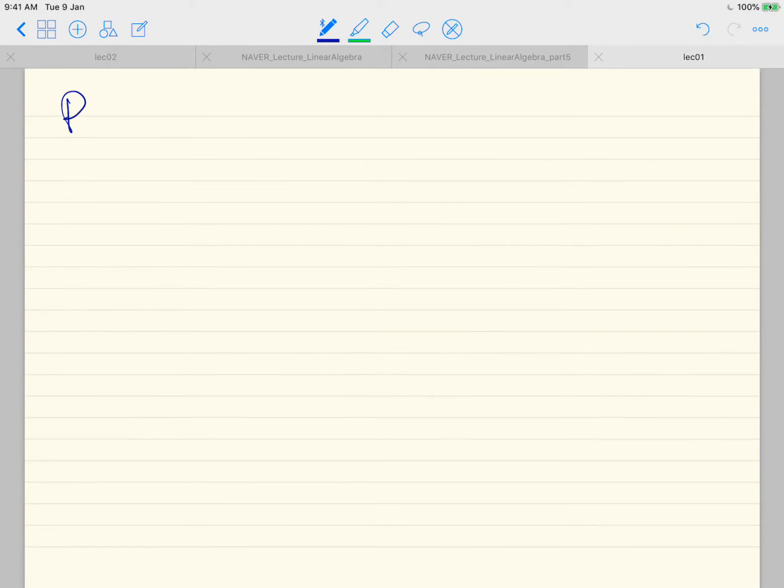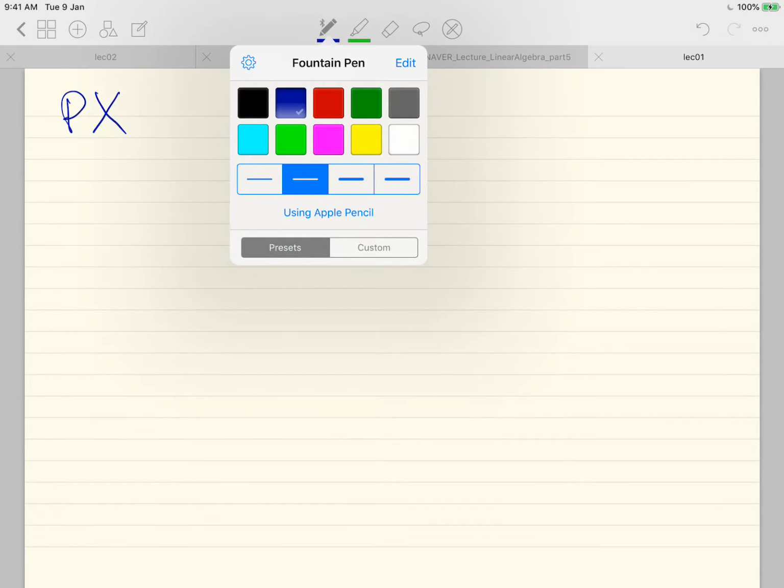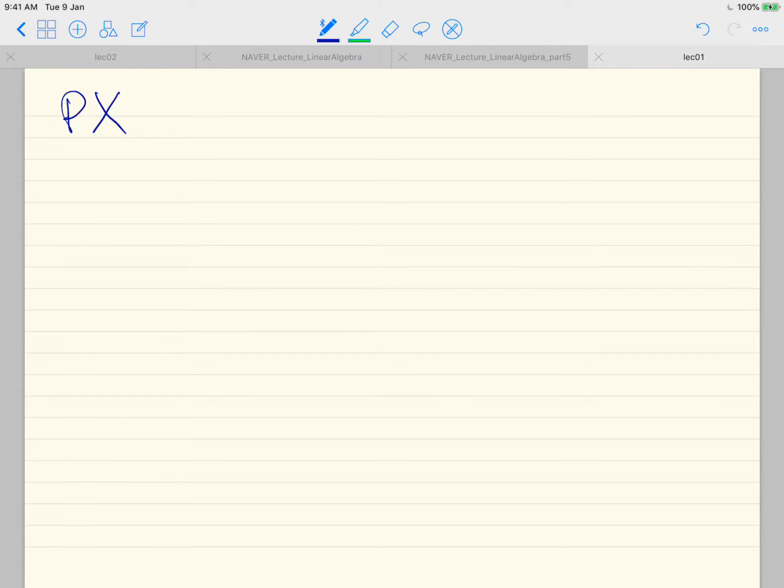The permutation matrix is defined as P times X, where X is our input matrix, a general rectangular matrix, and P is our square matrix. In the case of permutation, we think of the process of shuffling or reordering our rows.